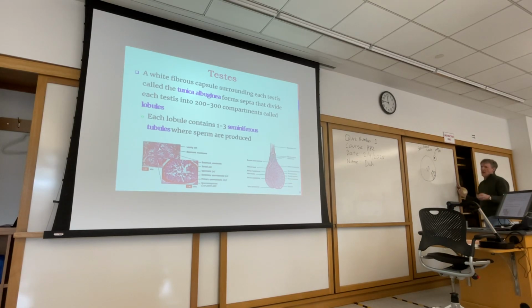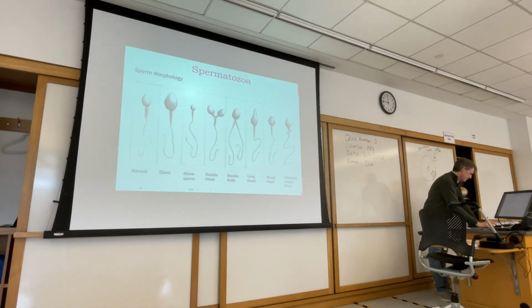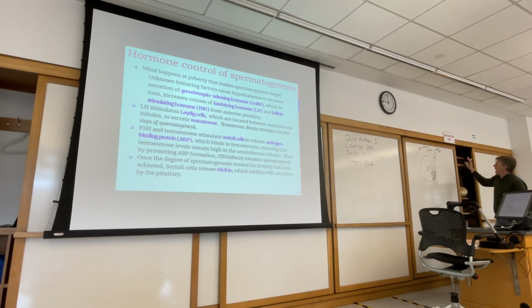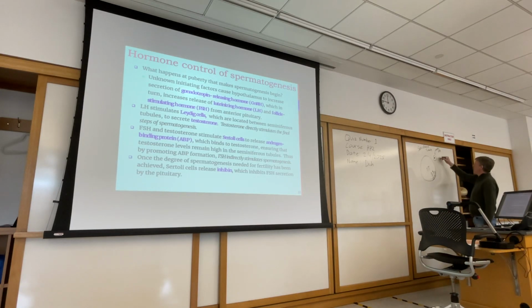Now, LH, actually, let me go back to the picture. So, LH coming from the anterior pituitary is going to make the Leydig cells produce testosterone. Going back to chapter 18, what type of hormone is testosterone? Lipid soluble or water soluble? Lipid soluble. Remember, it's a steroid hormone, so it's lipid soluble.